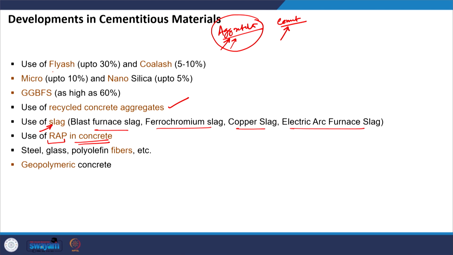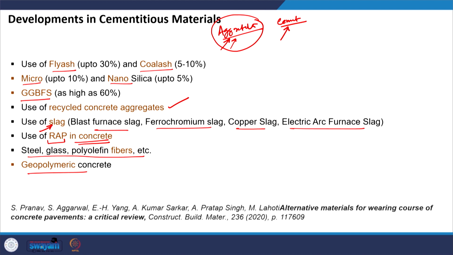For example, fly ash is being used up to 30%, coal ash has also been used, micro and nano silica have been explored, though there are other considerations for using these materials successfully, but these are some alternate materials that have been explored. GGBFS we have already discussed, all right. For the production of concrete mixtures, various type of fibers have also been used, and finally in our lecture we have also discussed how geopolymeric concrete can also be produced without the use of any cement in the entire mix. So, again this is one of the good references that can be seen.